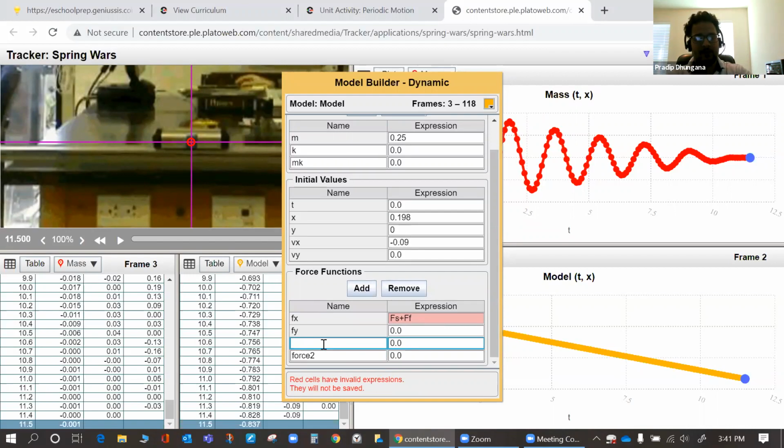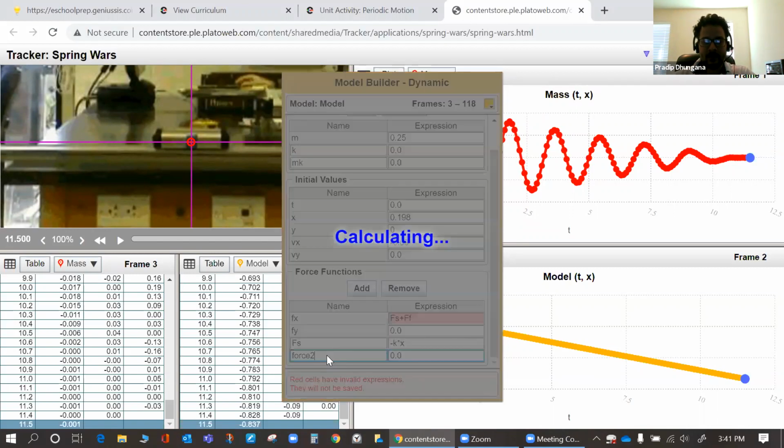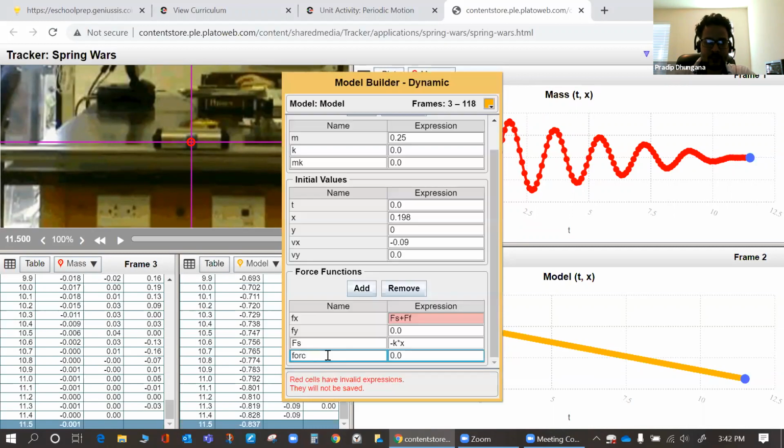Let's start with F of S. That force due to spring is negative K times X. K is spring constant and X is either elongation or compression, or simply think of it as displacement. And then another force is force due to friction, F of F.